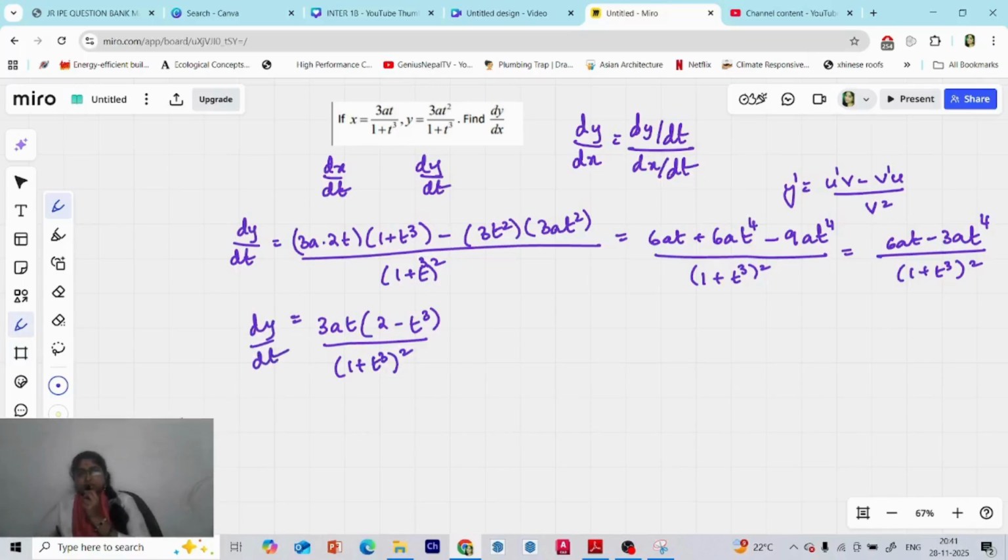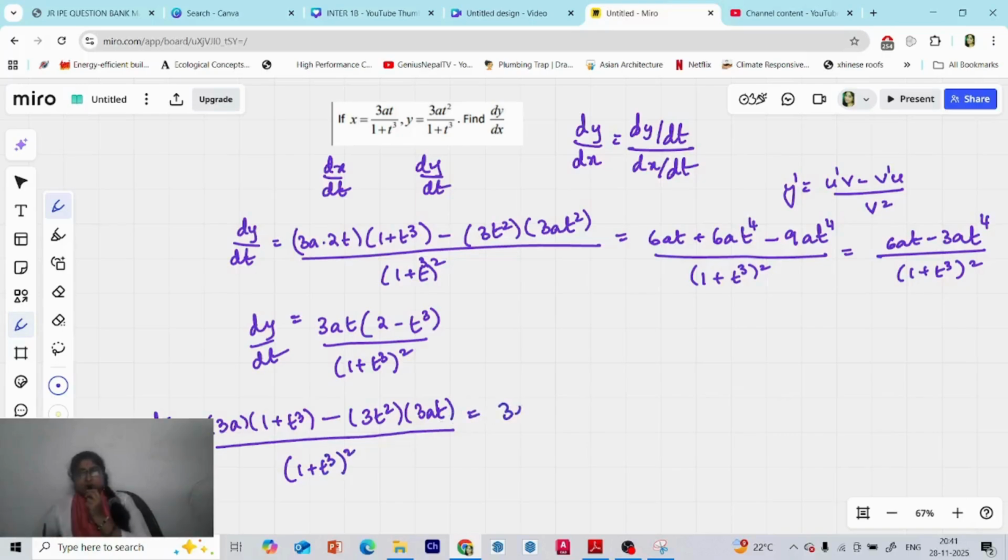Okay, let's check out dx by dt now. dx by dt, same process, u by v form. We'll first differentiate our numerator, which is 3a, into the denominator 1 plus t cube minus, our denominator's differentiation is just 3t square into 3at, whole divided by v square, which is 1 plus t cube whole square.